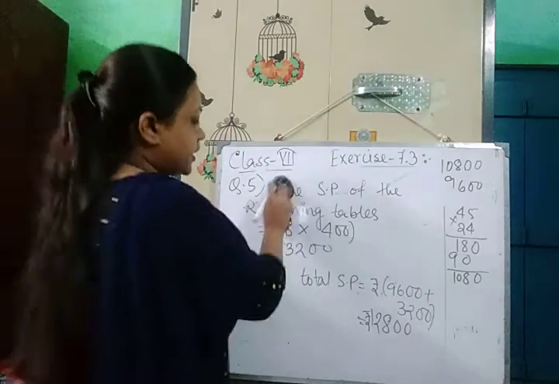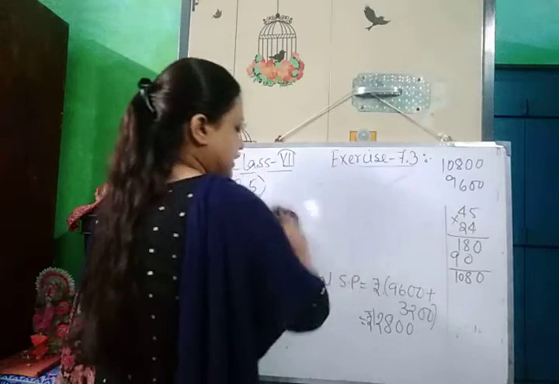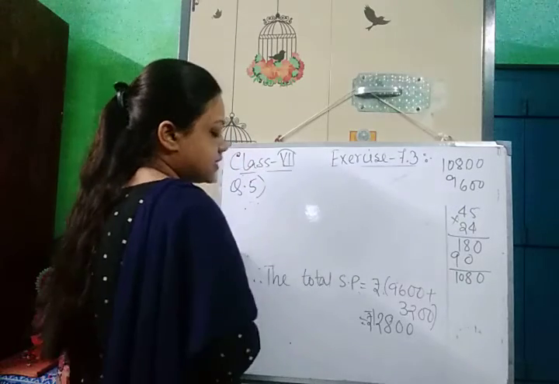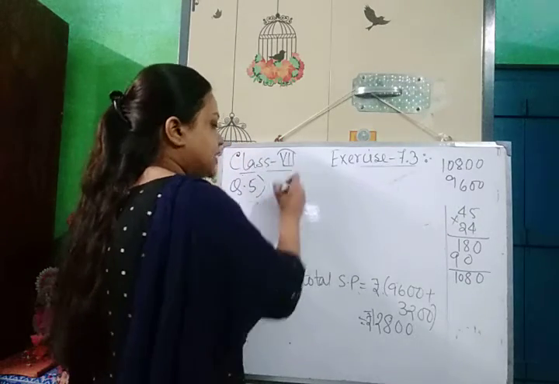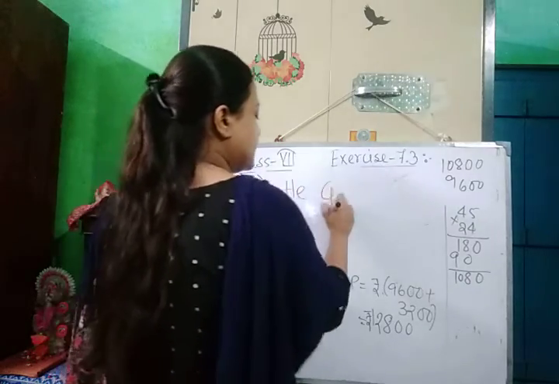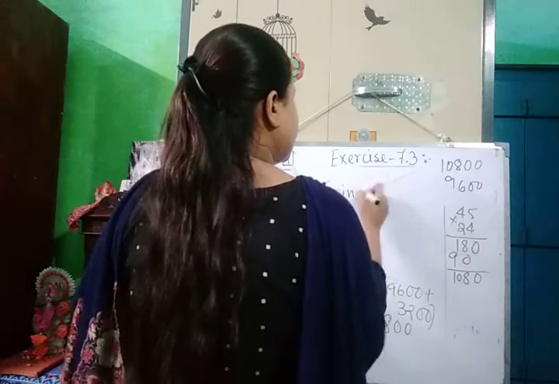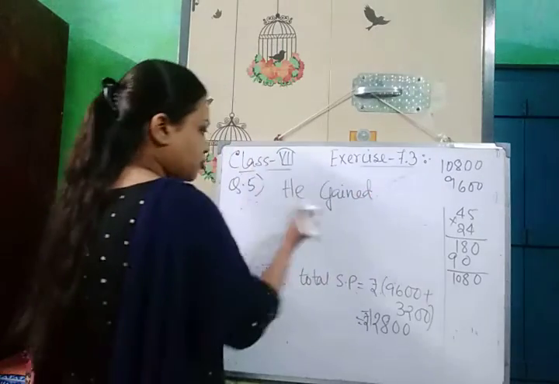Okay. Now the selling price is greater than the cost price. So that means he must have gained a profit. How much?